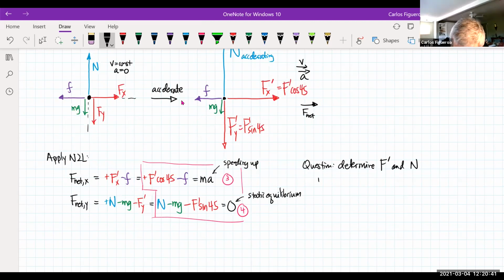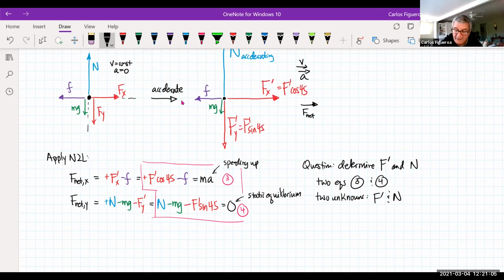So here I go. I have two equations, 3 and 4. And now I have two unknowns, F prime and the normal. So now I use these two equations to actually calculate it.